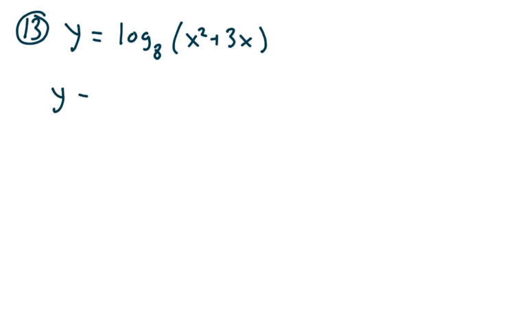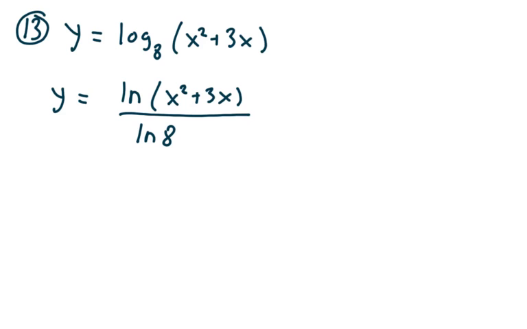I would rewrite this as y equals natural log of x squared plus 3x divided by natural log of 8. So this is basically a change of base problem. It's much easier to take the derivative of natural logs than it is when the base is something other than e.